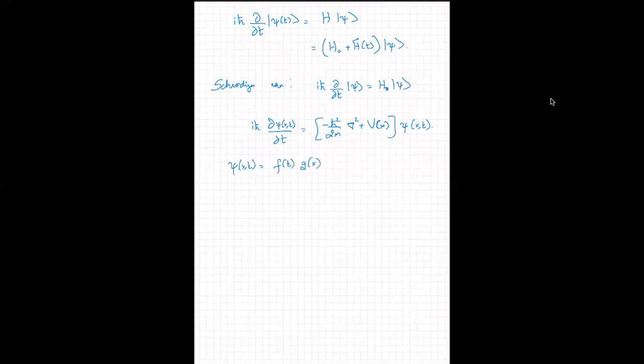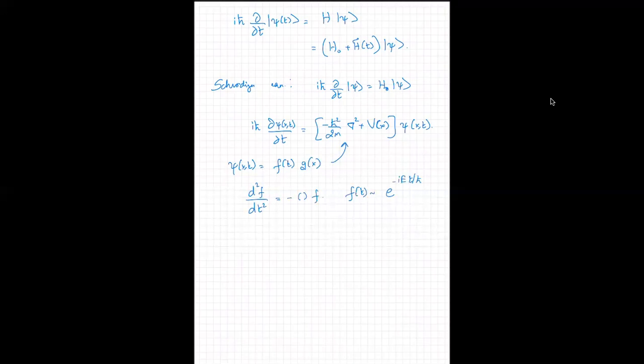Agree? And then you substitute this back into this equation, and then instead of a partial differential equation for psi, you have total differential equations for f and g. Agree? So in particular, we have something like d squared f over dt squared is some minus something times f, which gives you an oscillatory dependence on time. So f of t, you say, is just e to the minus i E t over h bar.